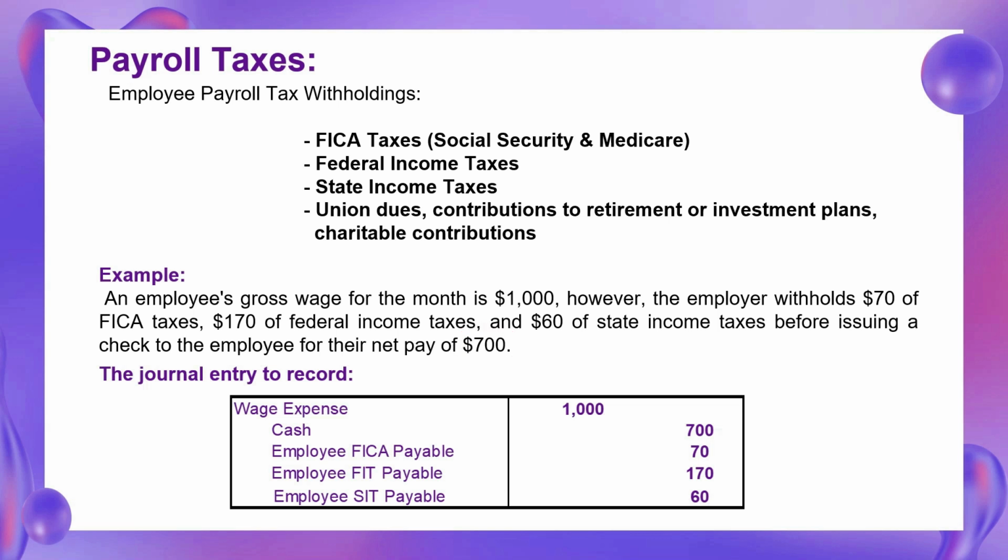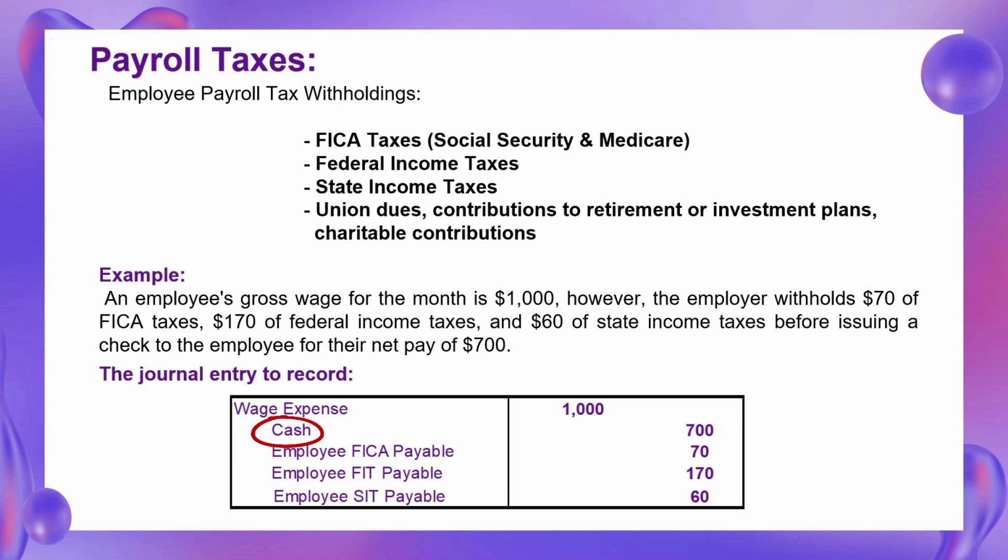Well, what journal entry would we make in this case? The journal entry would be a debit to wage expense for $1,000, even though the employer is only cutting a check to the employee for $700. We'd have a debit to wage expense for $1,000 and a credit to cash or wages or salary payable to the employee.